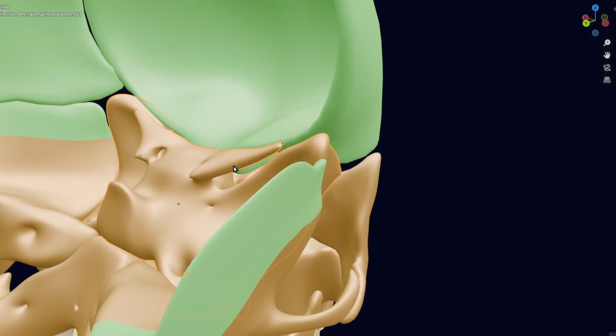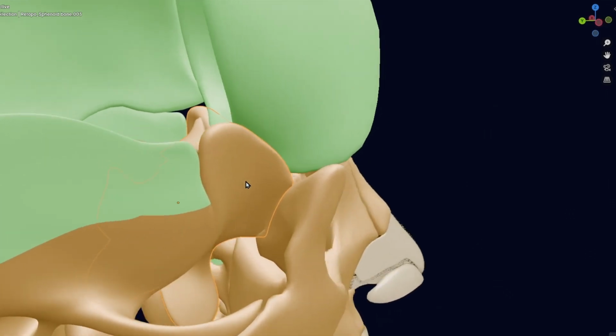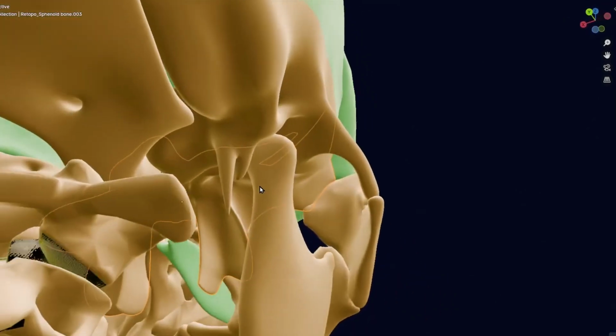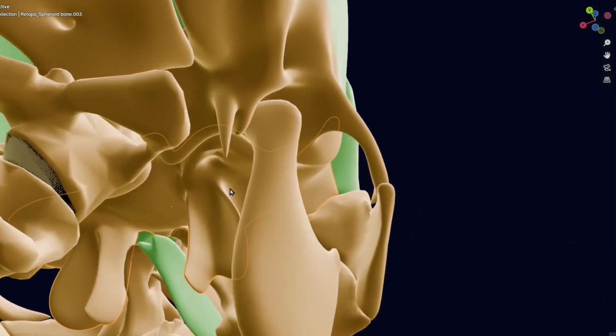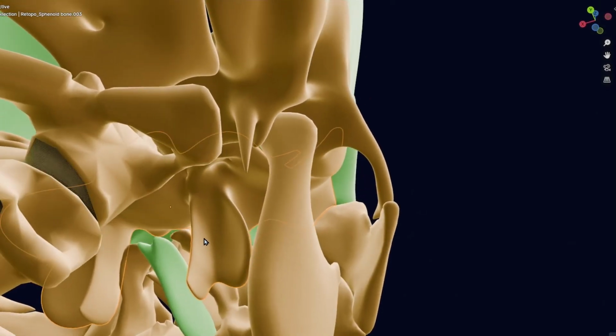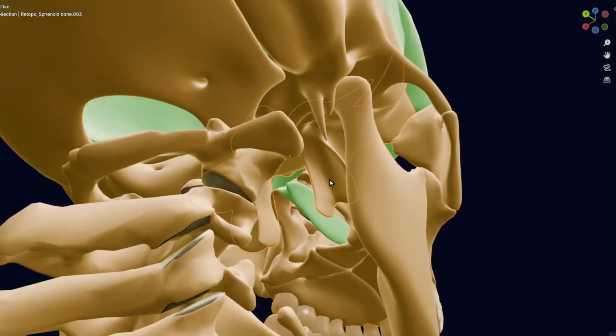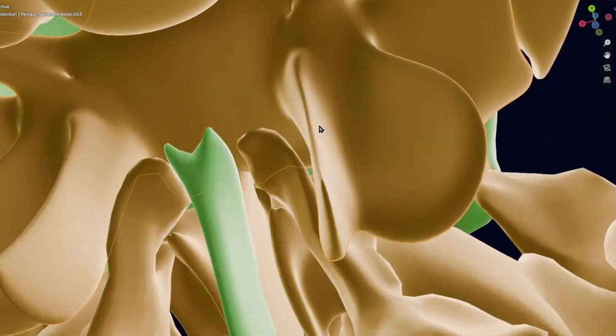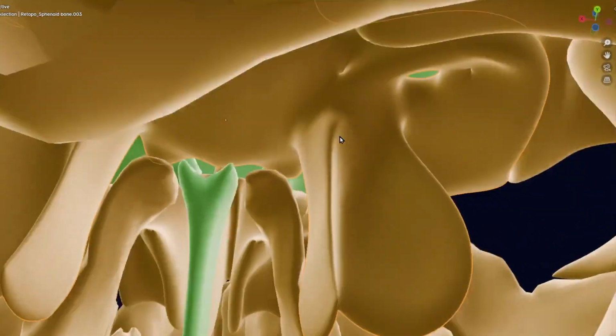But there are certain parts of this bone which are flat and plate-like, and these are called the pterygoid plates, medial and lateral. You see them here. Let's zoom inside. These structures develop with the process of intramembranous ossification.